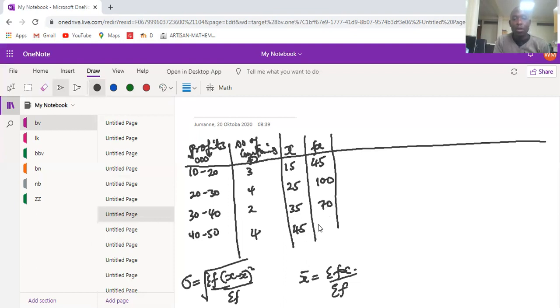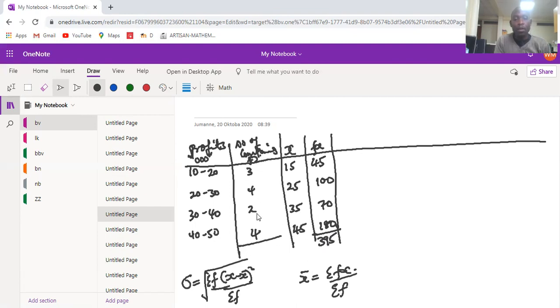This is going to be 180, which is 4 times 45, 180. So you get the sum here, the sum of fx, which is going to be 395 over the summation of f, what is it?